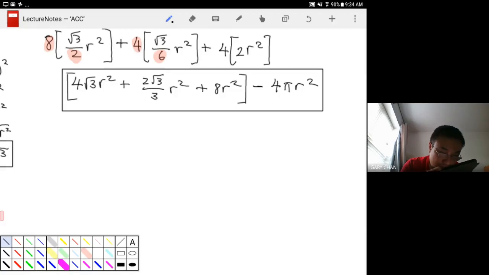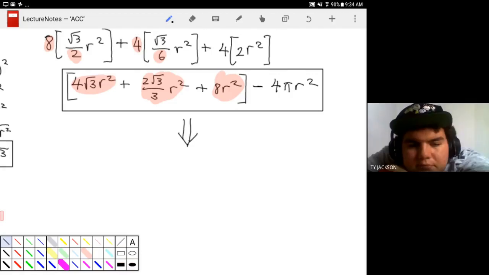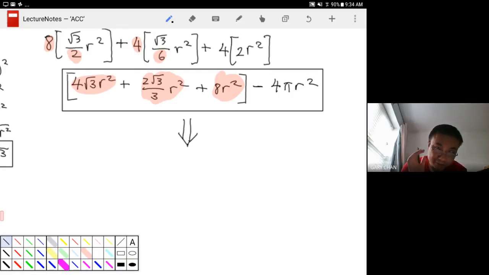So in order for me to do this, let me just do this really quickly here. I can create common denominators between this guy and this guy. Notice right now, the fraction in the middle has a denominator of how much? 3. So I want to multiply the first term here by 3.